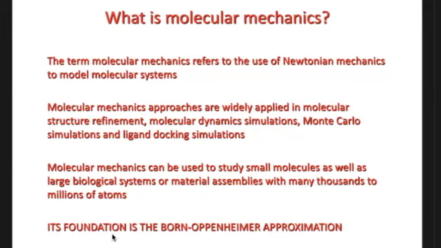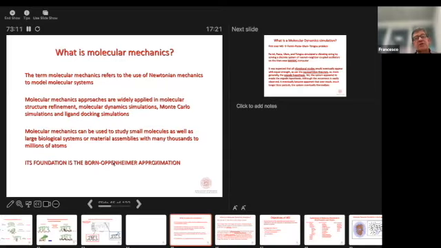And the foundation is spelled out here. It's the Born-Oppenheimer approximation. So what's the Born-Oppenheimer approximation? I did a great part of my PhD thesis on this, but the Born-Oppenheimer approximation, in the popular press, when it pops up, which is not quite often, but also for many chemists, is the fact that you can separate the electronic motions from the nuclear motions.